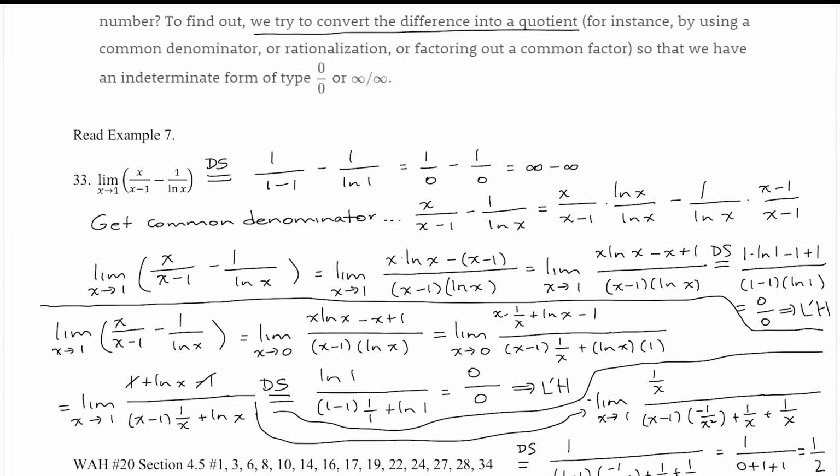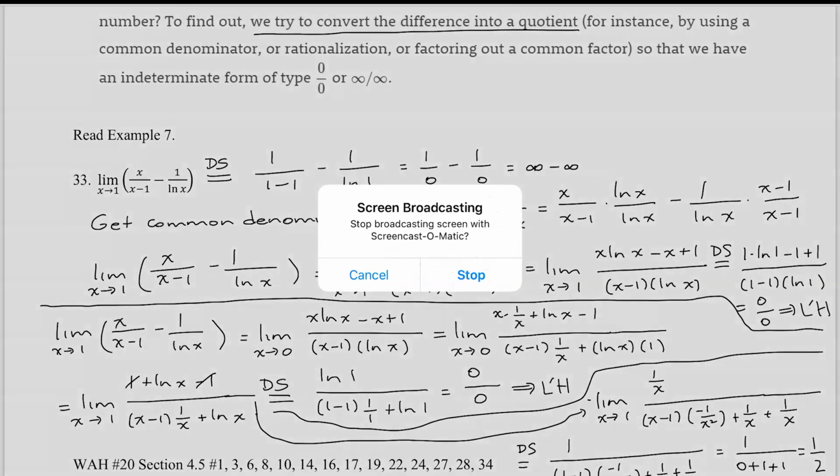Wow, so in the end, after using L'Hopital's rule twice in a row, the limit of that original x over x minus 1 minus 1 over ln x as x approaches 1 turns out to be 1/2. And again, feel free to check that with technology, using either a calculator in the tables or creating a table in Mathematica.